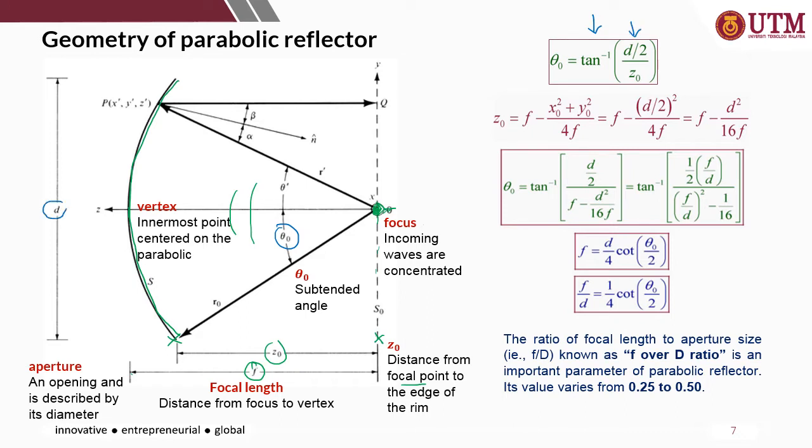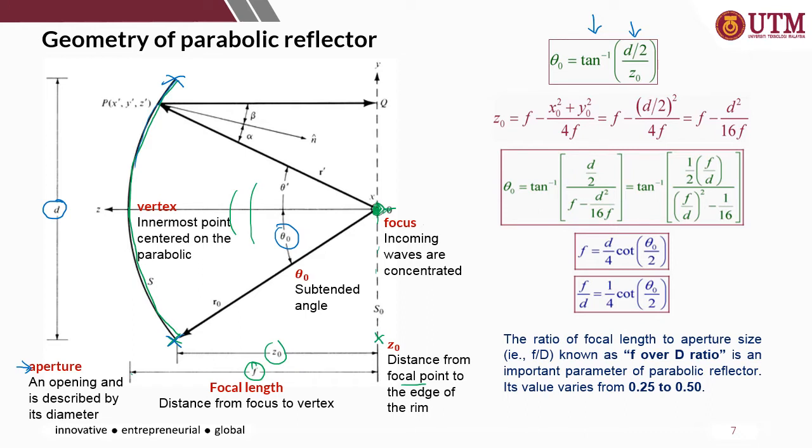D here is the diameter of the parabolic structure, and this opening, from here to here, is known as the aperture, where it is described by its diameter. So the diameter of the opening or the aperture of the parabolic structure.